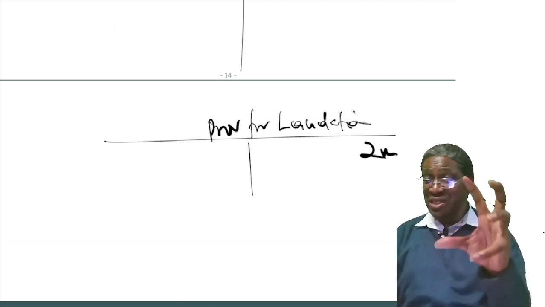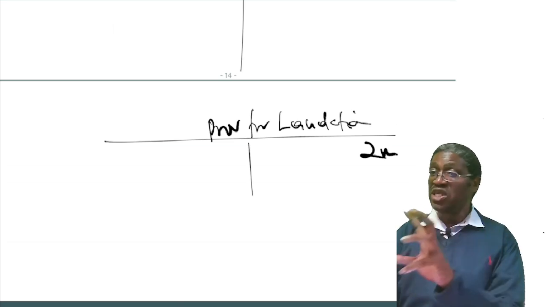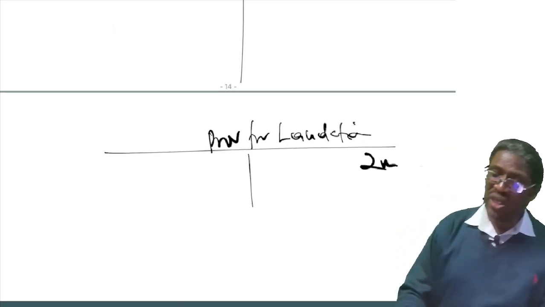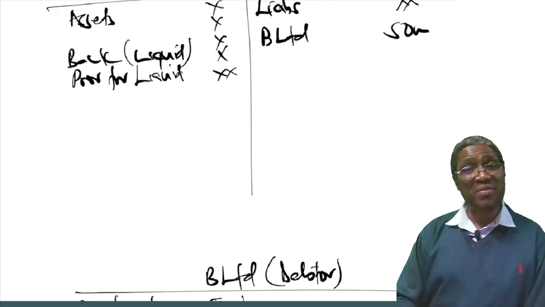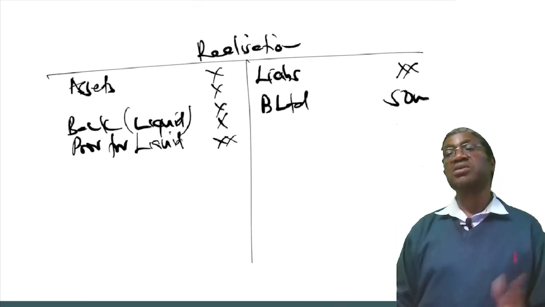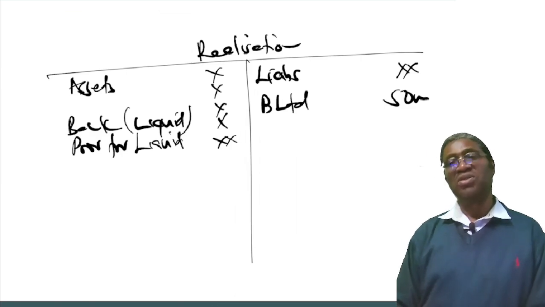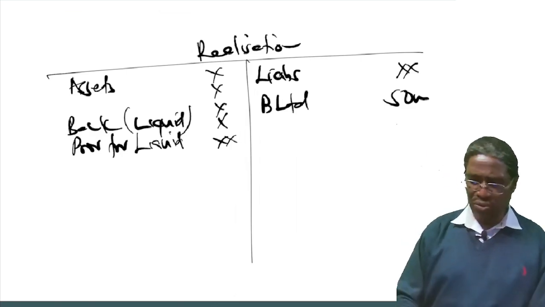So you will debit realization and credit provision. Otherwise, if you are the one who paid for yourself, you, A Limited, will still debit realization but credit bank. Good. That's our entry number 4.